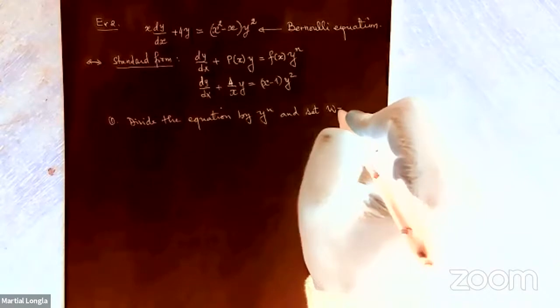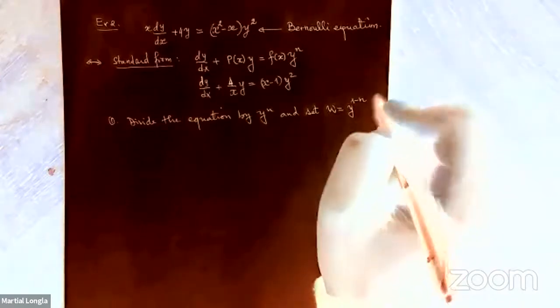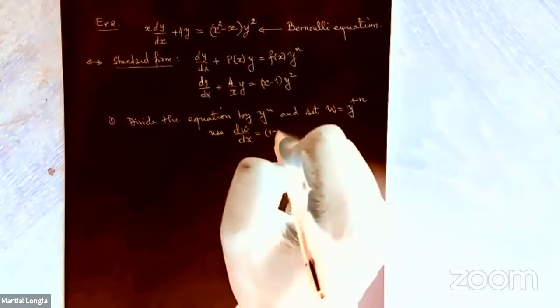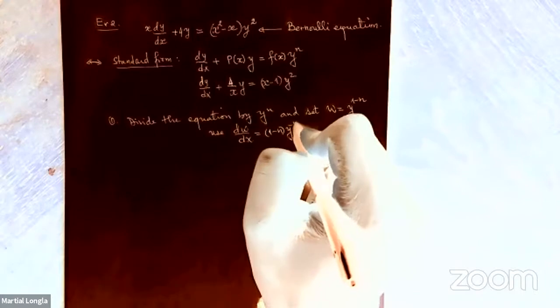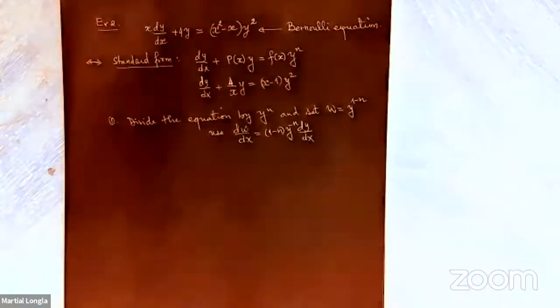And so w equals y to the power 1 minus n. Use dw over dx equals 1 minus n y to the minus n dy over dx.